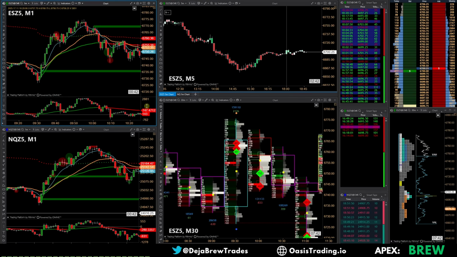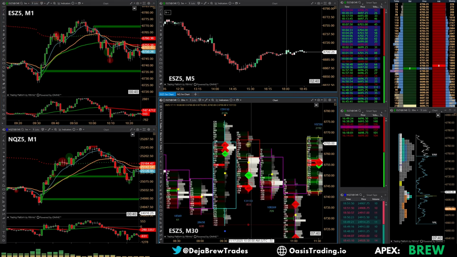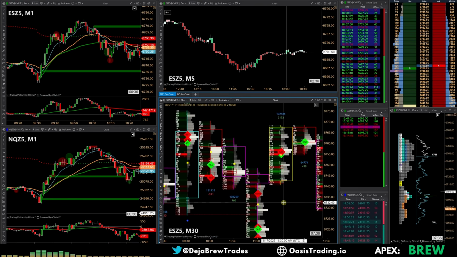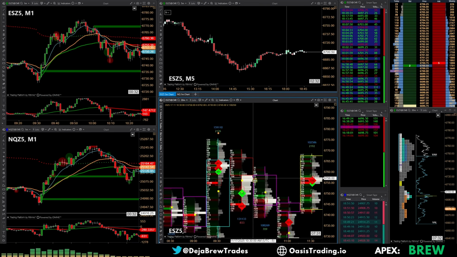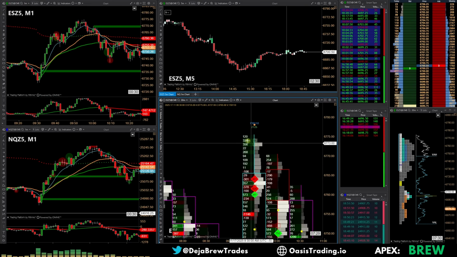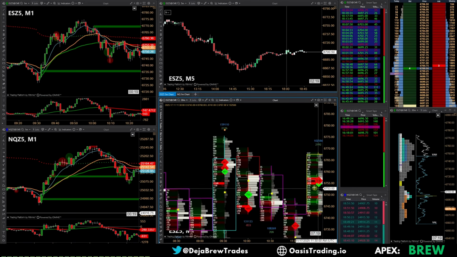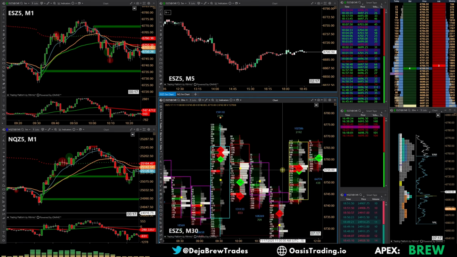Okay. And same thing with the footprint chart. I'm not overly zooming in and over analyzing every little cluster. I don't care about every individual number. I'm not like, oh, wow, there's 120 bullish delta on that high, that means XYZ. I do not care, okay? I don't care about the little details. You care about what it's doing as a whole.